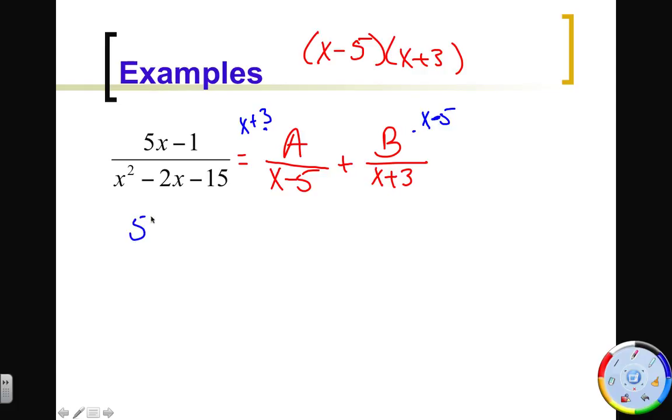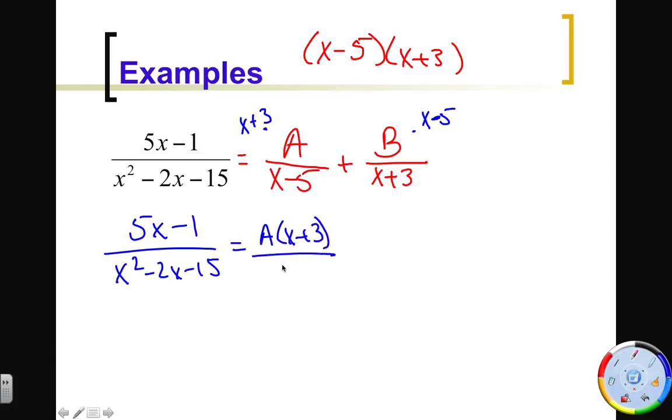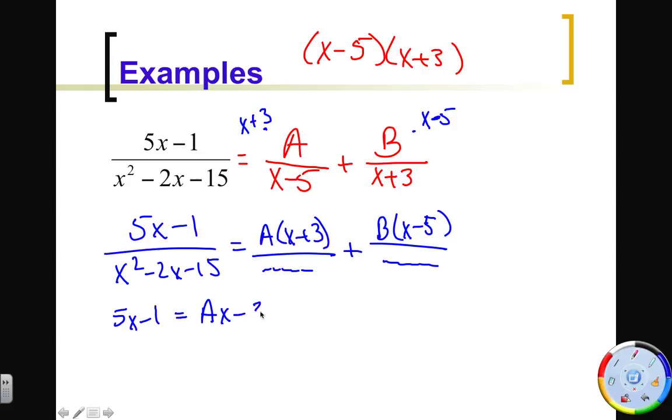I get (5x minus 1) over (x squared minus 2x minus 15) equals A times (x plus 3) over my common denominator, plus B times (x minus 5) over that common denominator. I don't really care what it is because it's all the same now, which means 5x minus 1 equals Ax minus 3A plus Bx minus 5B.